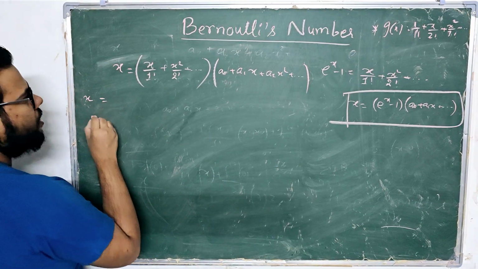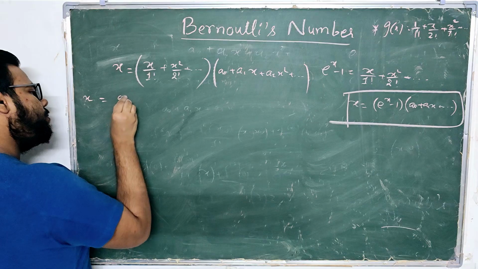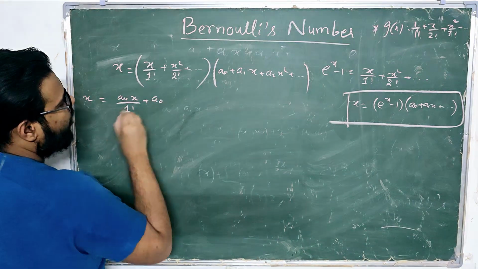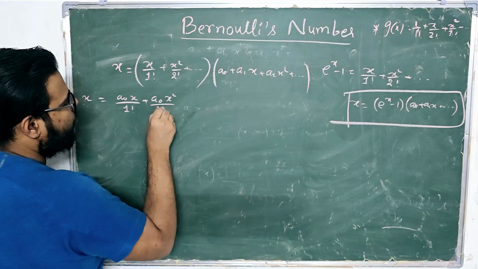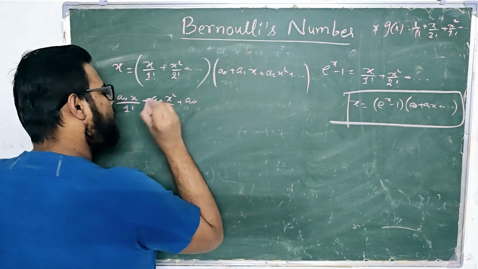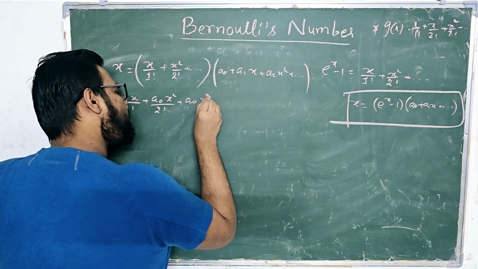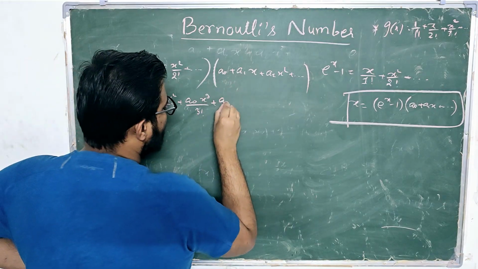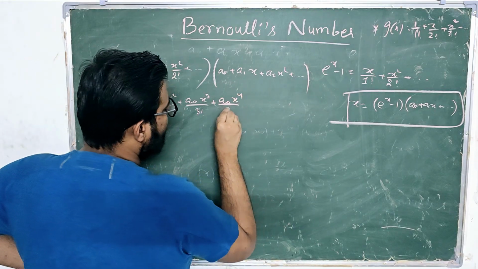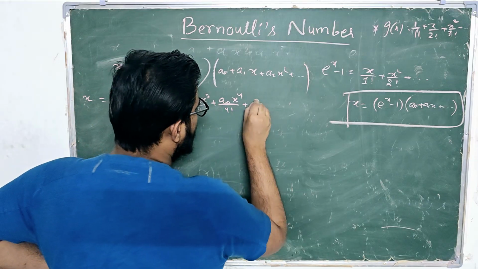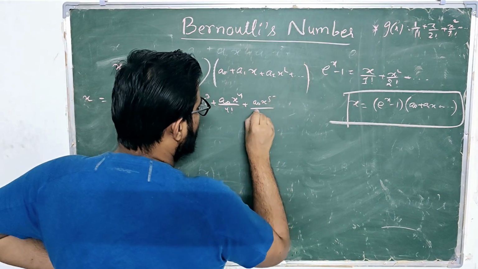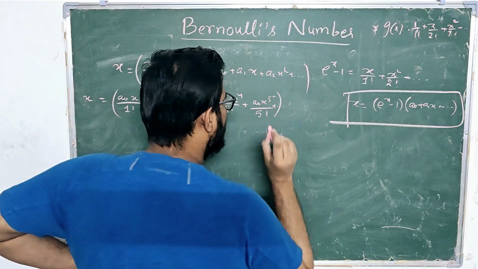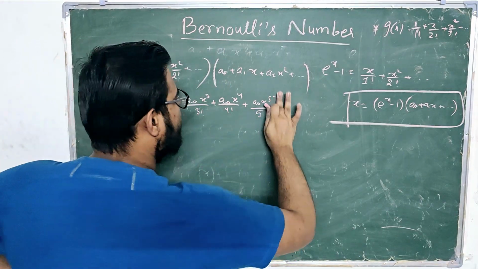So we will get a naught x by 1 factorial, a naught x square by 2 factorial plus a naught x raised to power 3 divided by 3 factorial plus, of course, till infinity, right?